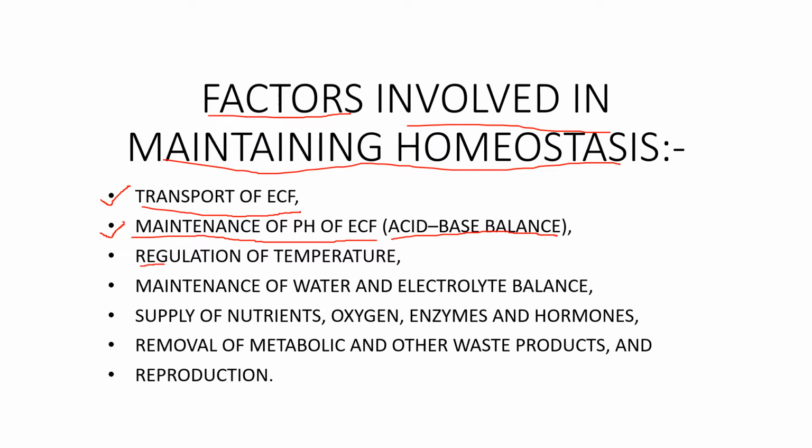Now we have regulation of temperature. Temperature regulation also plays an important role in the internal environment's maintenance. Maintenance of water and electrolyte balance is also an important factor. Then we have supply of nutrients, oxygen, enzymes, and hormones.